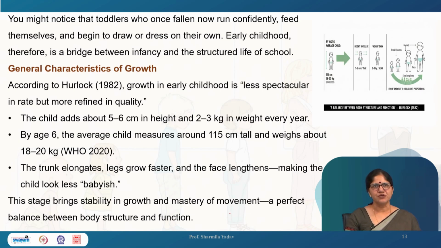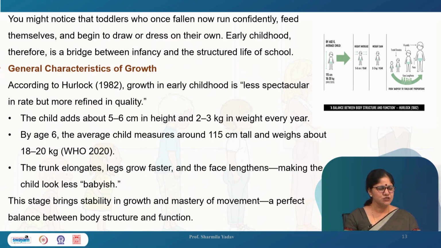You might notice that toddlers who once fell now run confidently. They feed themselves independently and begin to draw or dress on their own. Early childhood, therefore, is a bridge between infancy and the structured life of school.